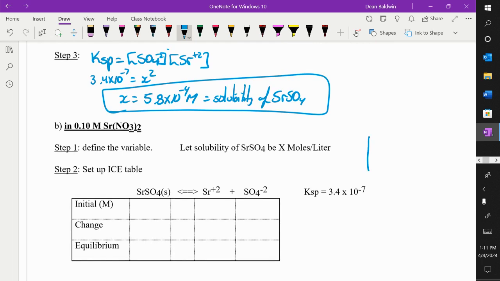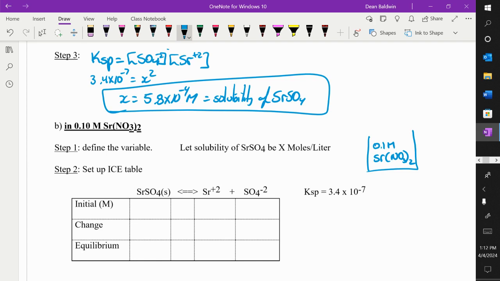Now we're going to take the same question and we're going to say, okay, we have a beaker of 0.1 molar strontium nitrate. And we're going to add strontium sulfate to that. Okay? We already have strontium in there from this, so it should be less. That's what the numbers should indicate. Okay?